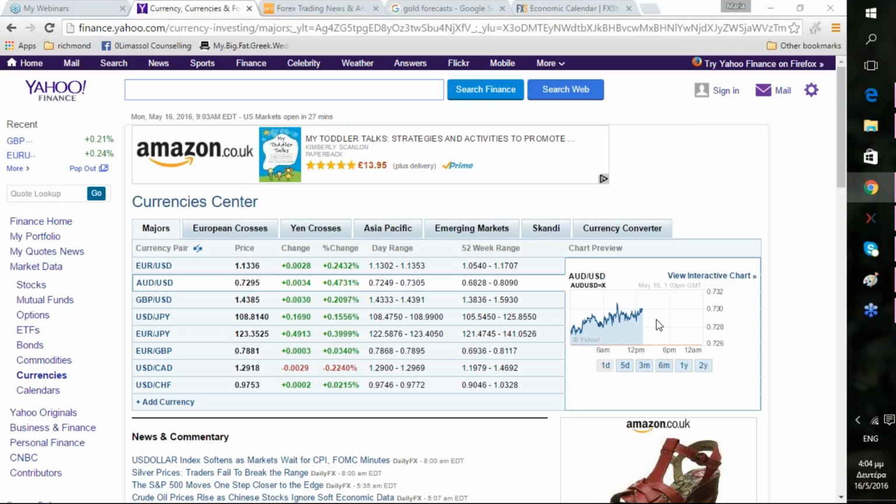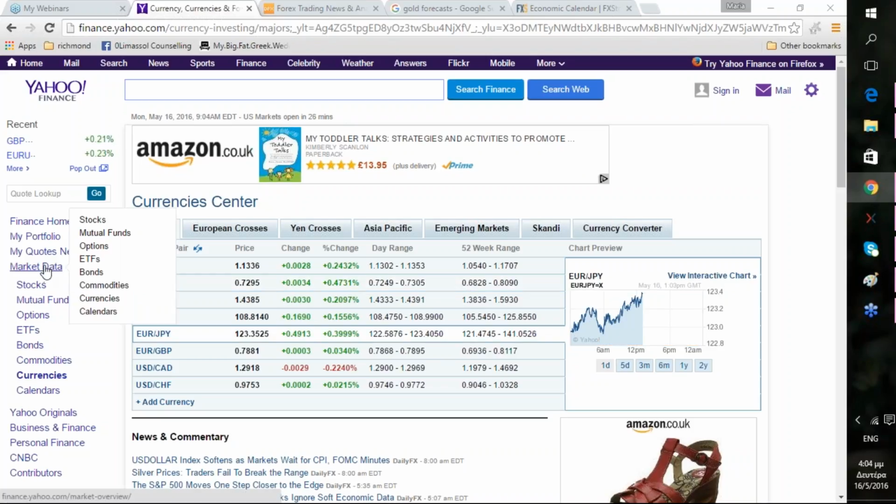Once you click on market data, you click on currencies, and that's all I would like you to focus on, Osama. Yes, you're right. Market data option, then a little box on the right comes out, and you click on currencies.